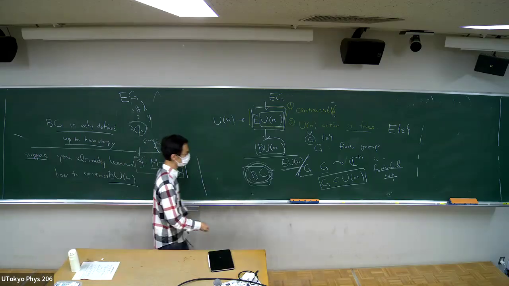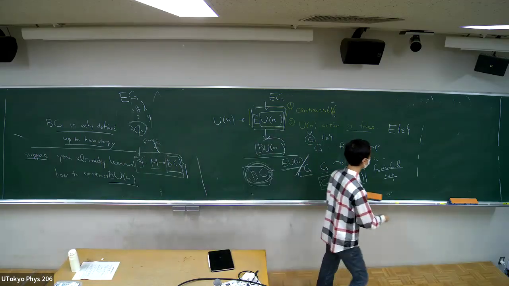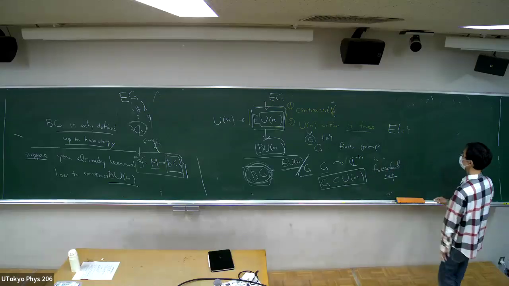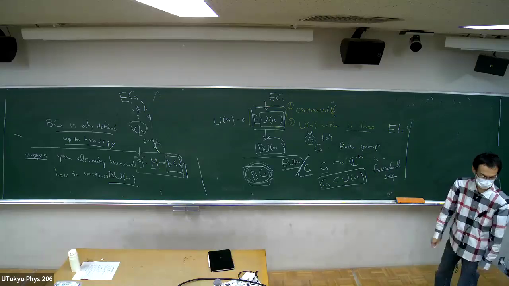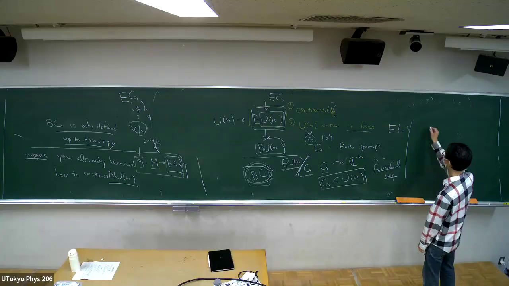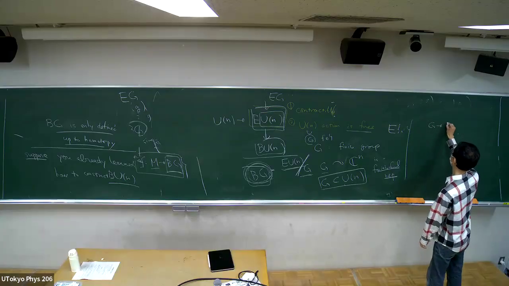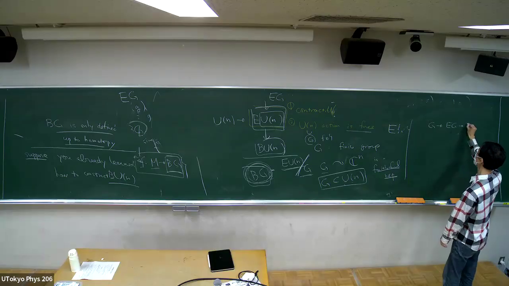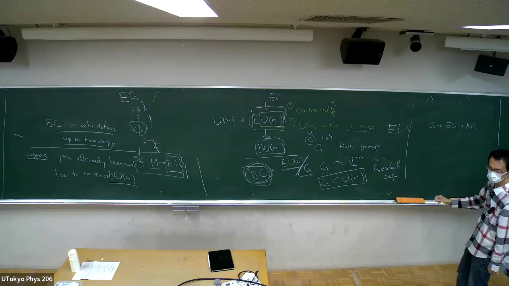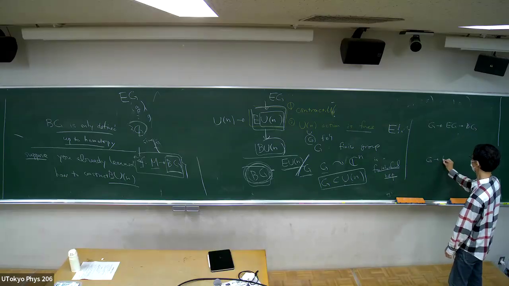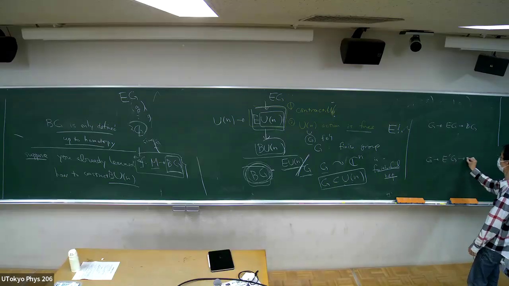So if you are curious, let me just remind you why, if you have two classifying spaces, they are homotopically the same. So suppose we have one classifying space, EG, BG, and another classifying space, let's temporarily call it E prime G and B prime G, right?